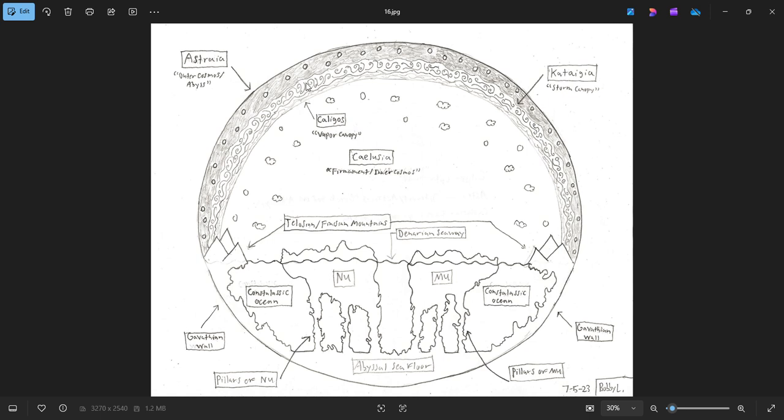But now, leaving this dangerous realm, we enter into a realm of darkness and unknown. And that is Astraea, with the nickname the Outer Cosmos or the Abyss. The Outer Cosmos is a place that is full of uncertainty and mystery.